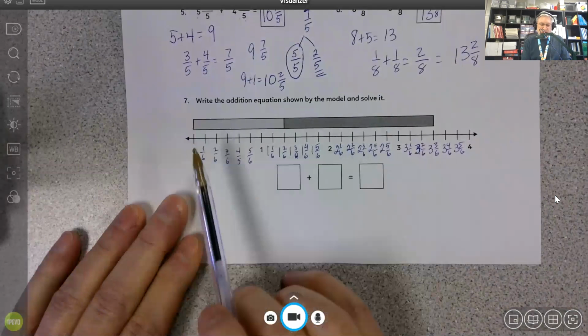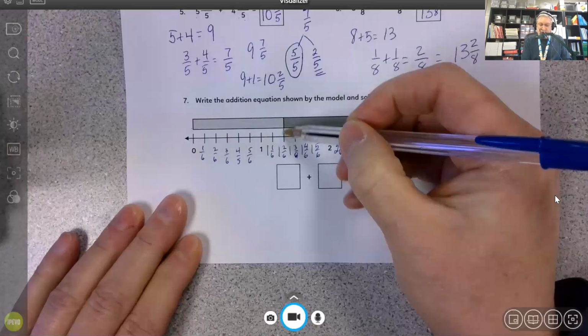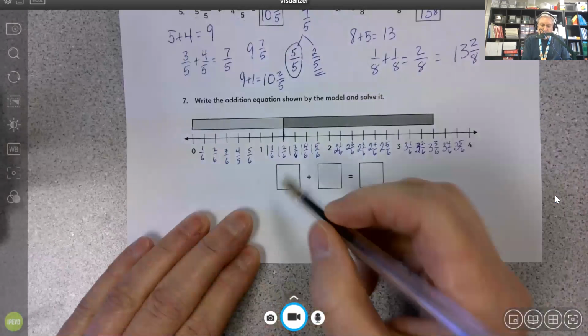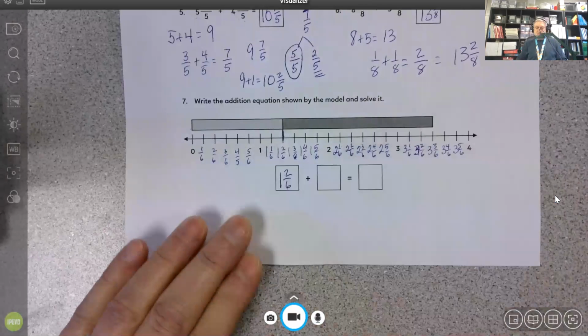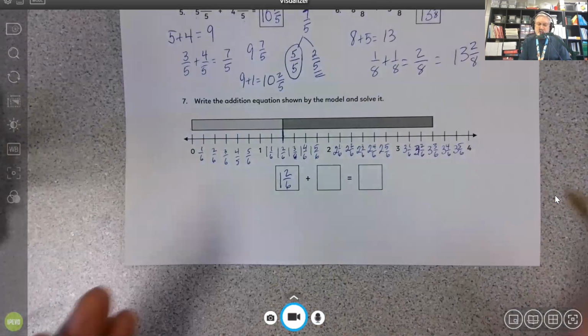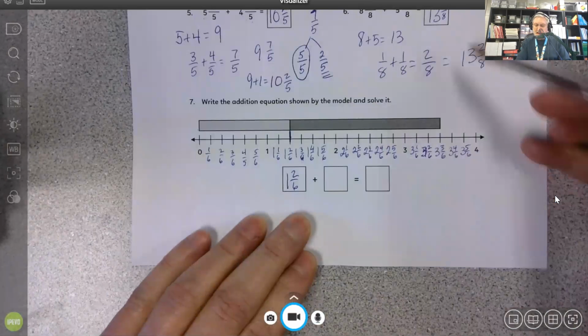So I'm going to see it starts at 0 and it ends right here. And I look down here and this first one would be 1 2/6. Okay. Now, the strategy that I think I would use on this one is to first see what it equals. What does it go to at the end?